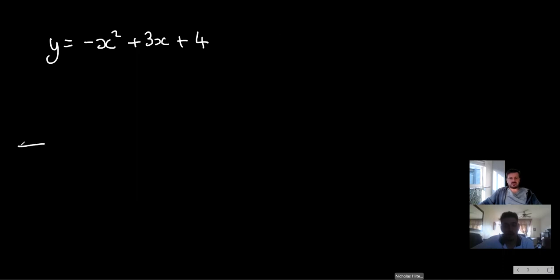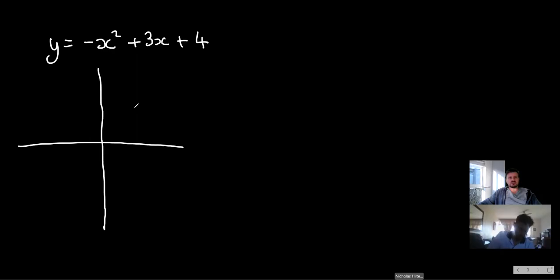Okay, so if we look at this parabola, we know that it's a sad face, because our a, remember, is equal to -1. The turning point, we can use the turning point formula: negative b over 2a, right?